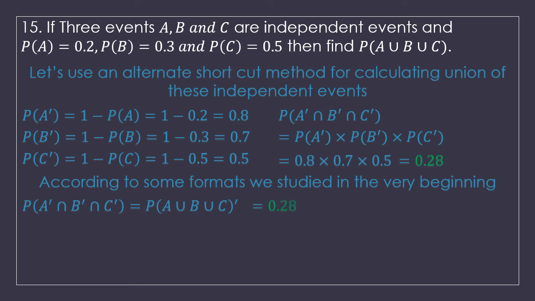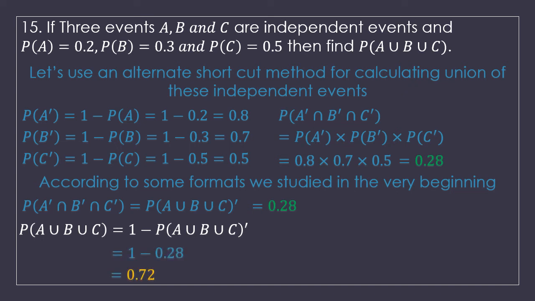A union B union C is equal to 1 minus (A union B union C) dash. Now (A union B union C) dash is 0.28 already, which we have calculated. So 1 minus 0.28 and your answer is 0.72. Quite easy. Yes my dear students.